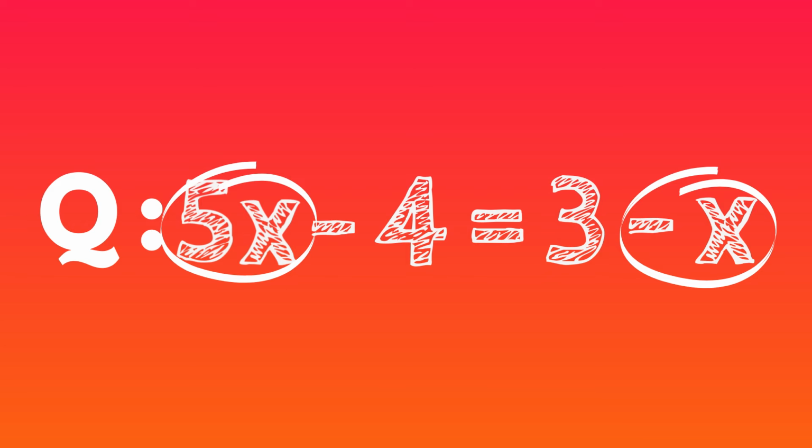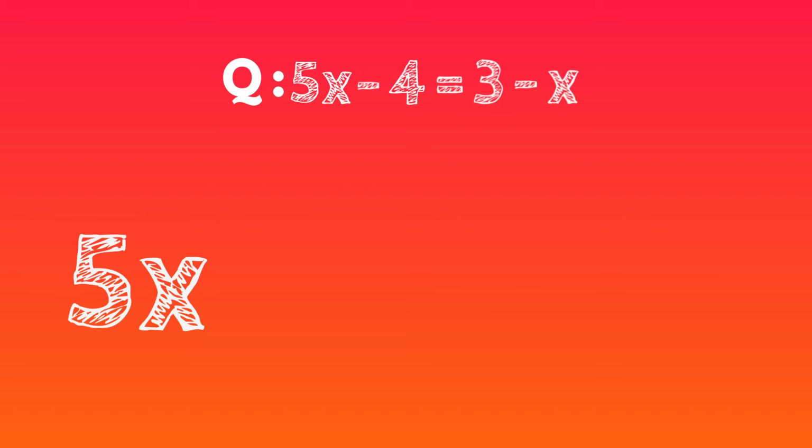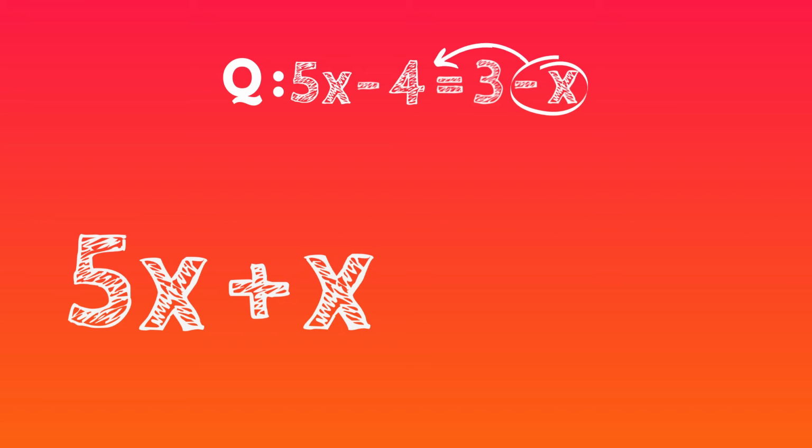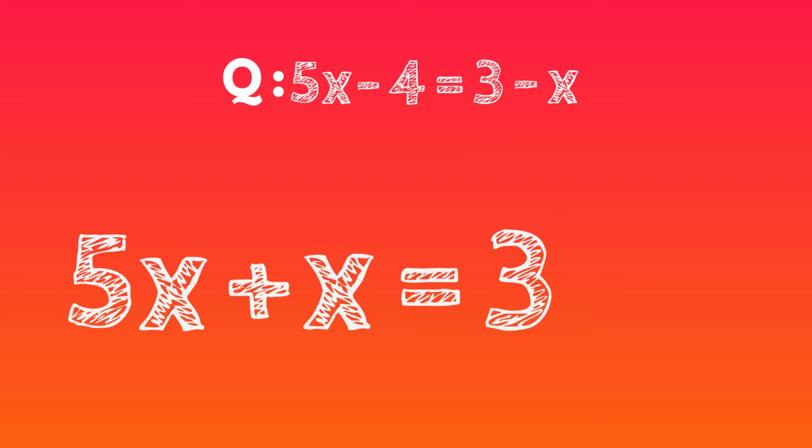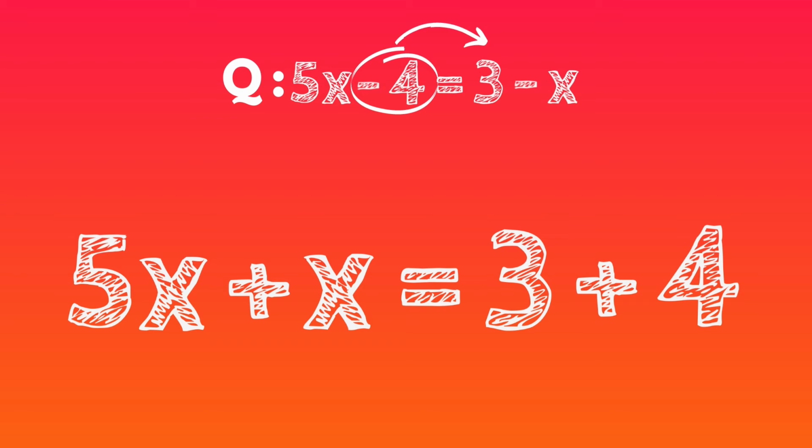So it will be 5x. Then we take the negative x, cross over to the other side, and it becomes a positive x. So it becomes 5x plus x is equal to 3, which remains on this side. We take the negative 4 from the left side, cross over to the other side, and it becomes plus 4. So it will be 5x plus x is equal to 3 plus 4.